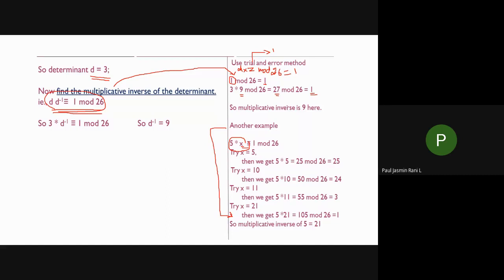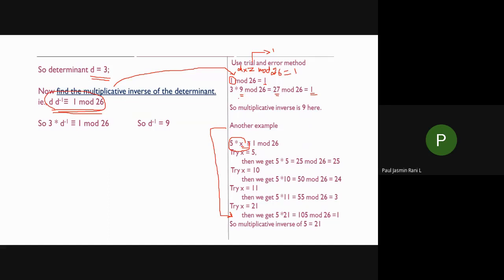It's up to you. You can use increasing order, from 1, 2, 3, or it is your wish. You substitute that value with 1, 2, 3, 4, and it depends on you. That value should be less than 26. When you substitute, you see which value gives your result as 1.